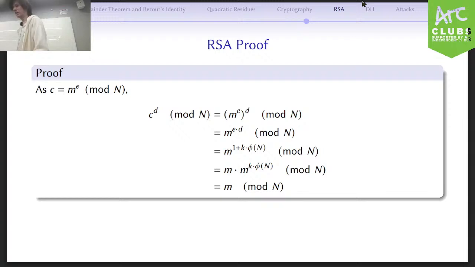So you can remove that and you're left with M mod N. So that's how the decryption works.